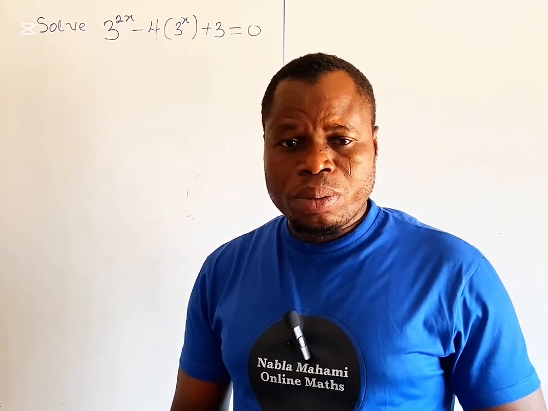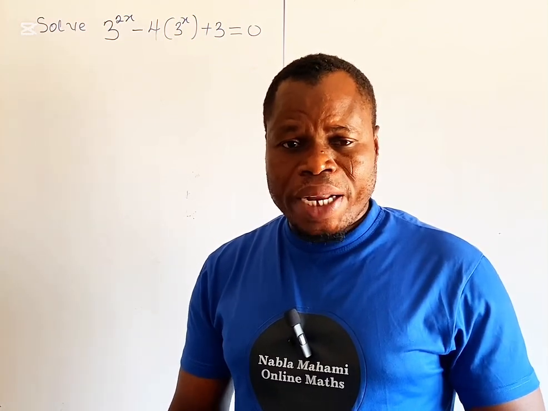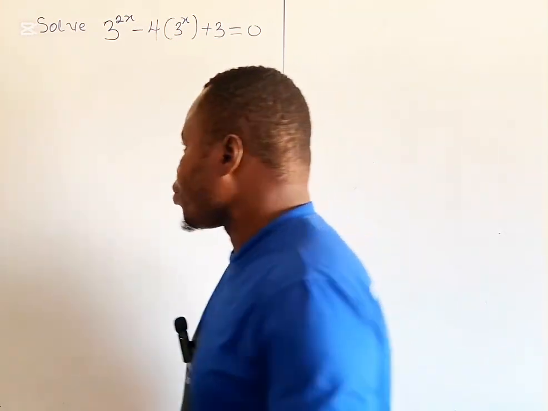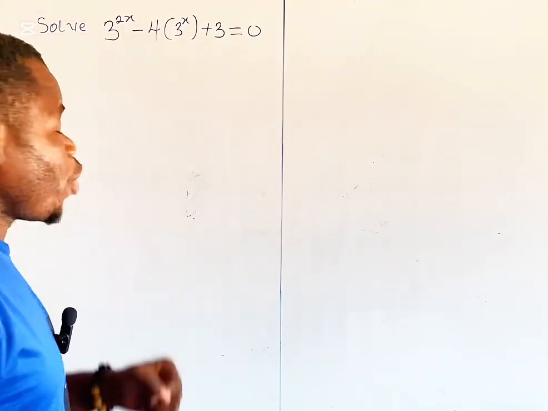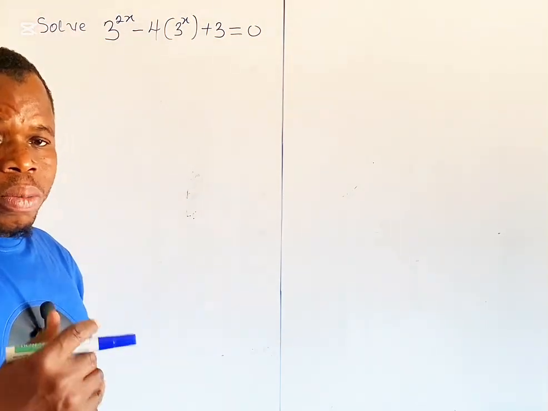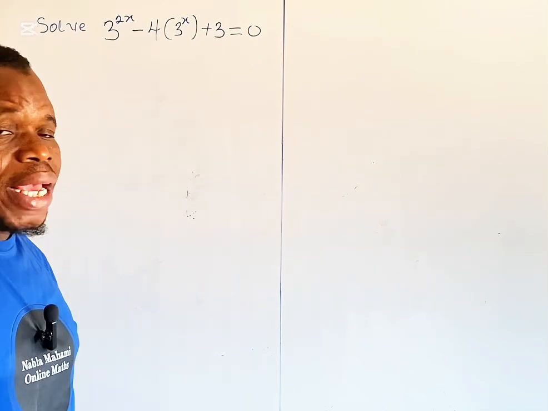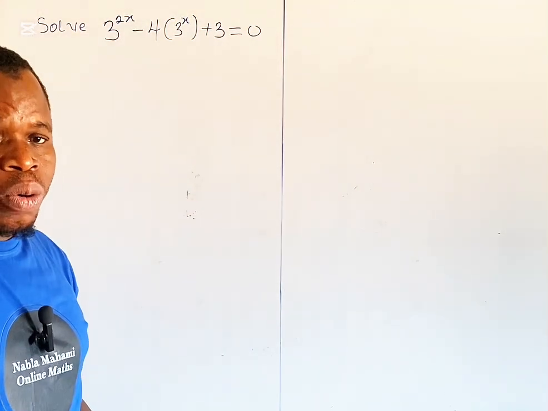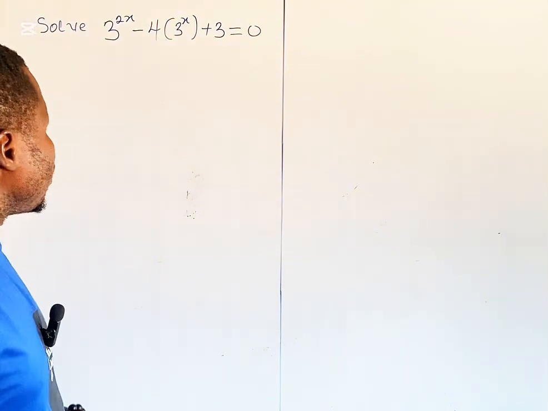In this video, we are going to solve an exponential equation, and the equation is 3 exponent 2x minus 4 multiplying 3 exponent x plus 3 is equal to 0.